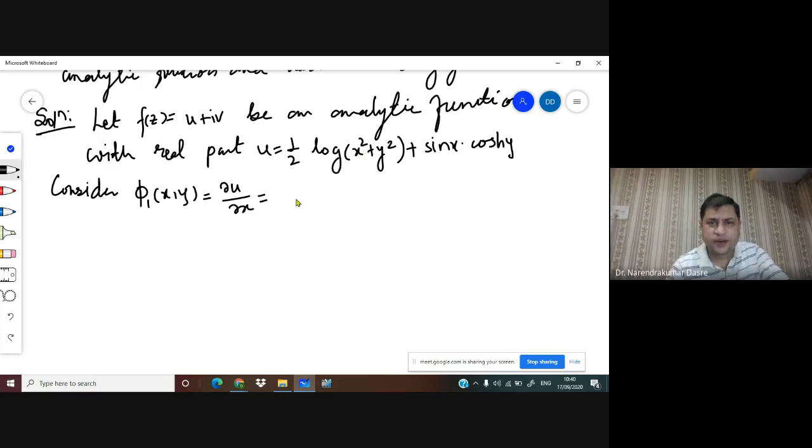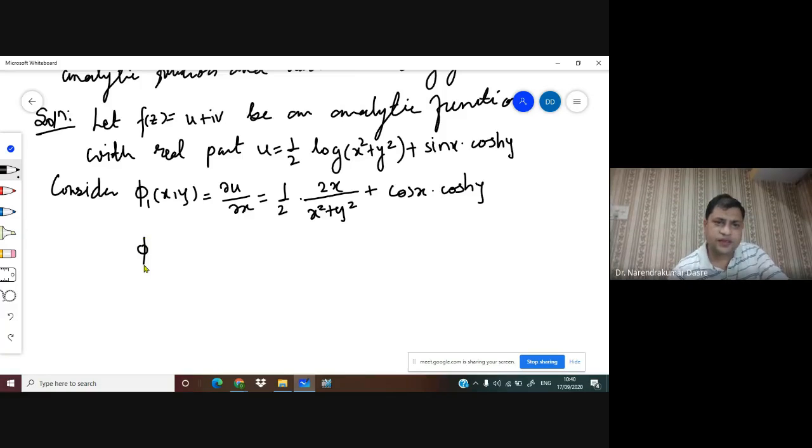So what you will get here is half of 2x upon x square plus y square plus cos x cos hyperbolic y.